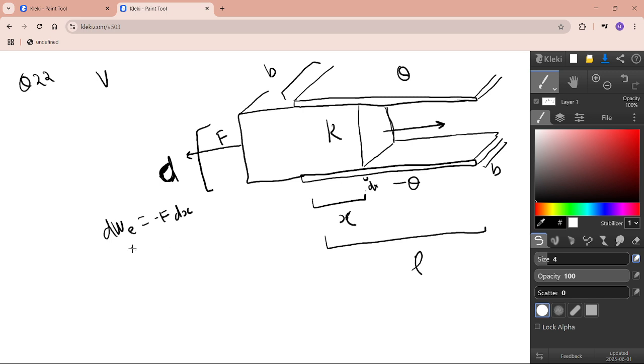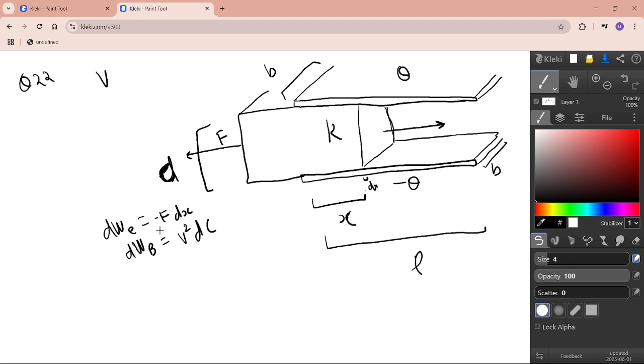Work done by the battery is, as I already mentioned, V dQ. dQ is C V, so V square dC. And this is equal to the work done by the battery and internal force.